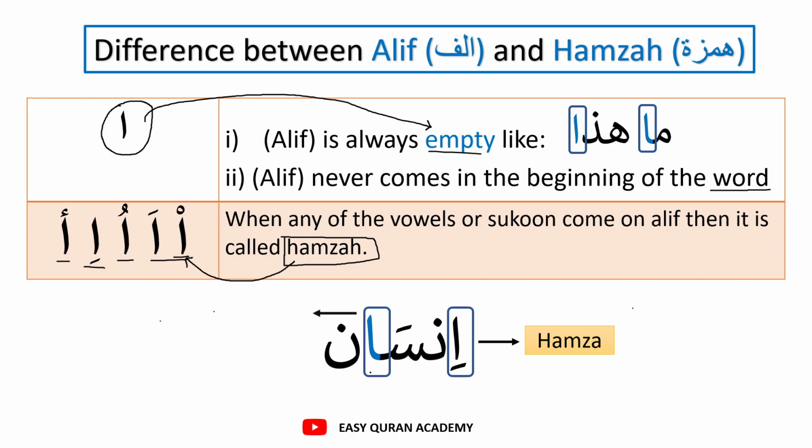And why is this alif? Because it is empty, excellent. It's empty and it does not have any vowel sign on that. So that's the basic difference between alif and Hamza. And in this word we have both of them. We have Hamza and alif together.